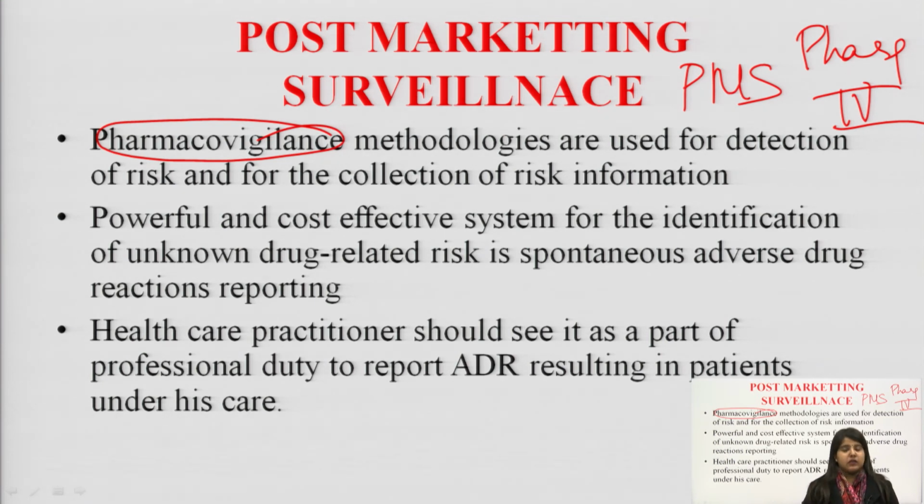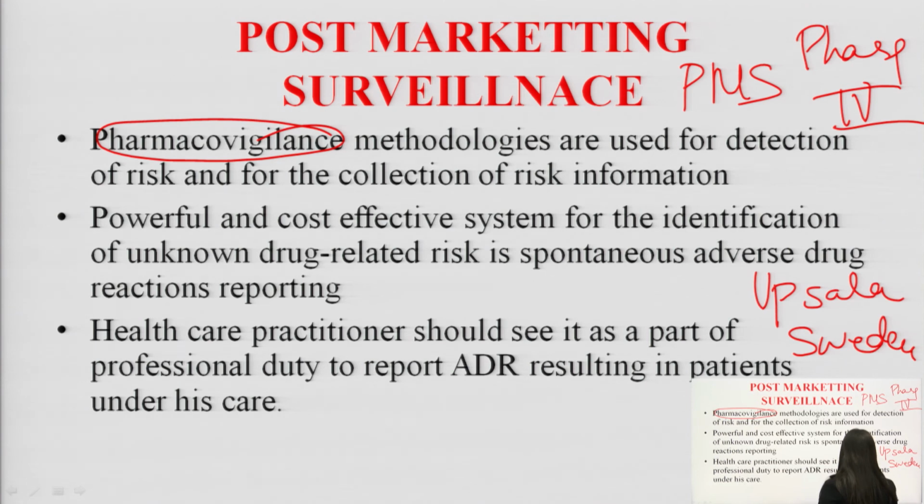Where is the ADR monitoring center? It is in Uppsala, Sweden, and it is called the Uppsala Monitoring Center, UMC. This is the headquarters where the whole setup is there.